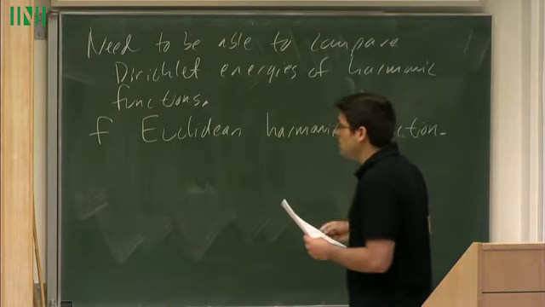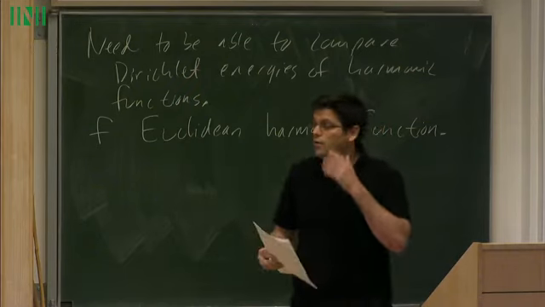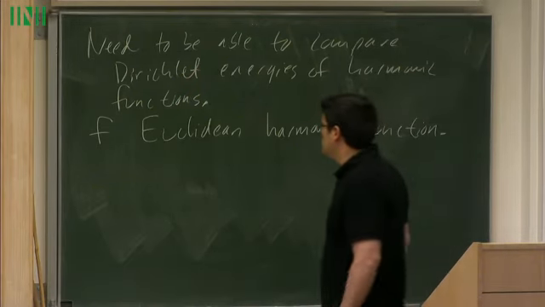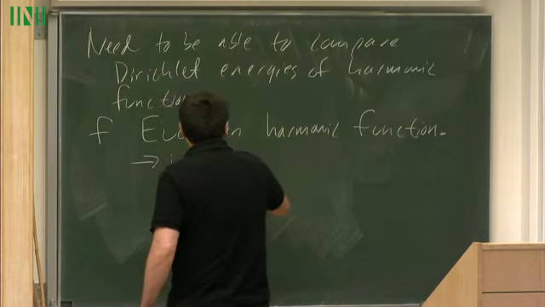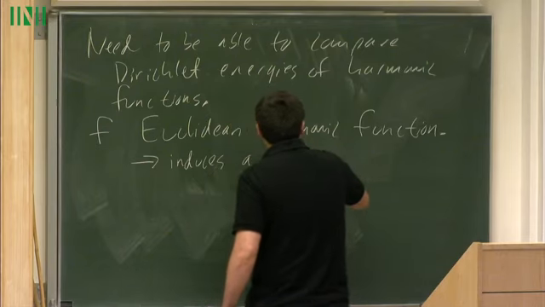Okay? So if I have a function which is harmonic in the Euclidean sense, I can use this to induce a function on the mated CRT map graph.